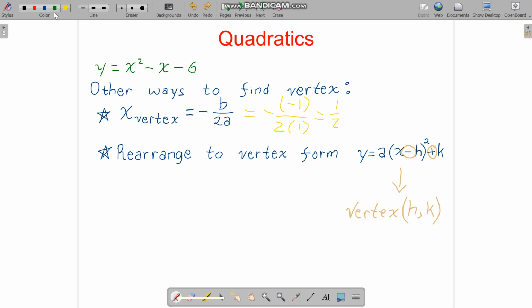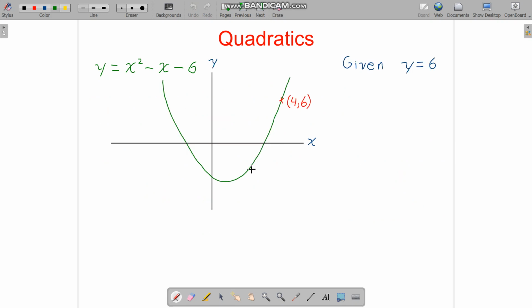So if we rearrange this equation by completing the square, we get y equals x minus 1 over 2 all squared minus 25 over 4. So this is the h and this is the k, the vertex coordinates.